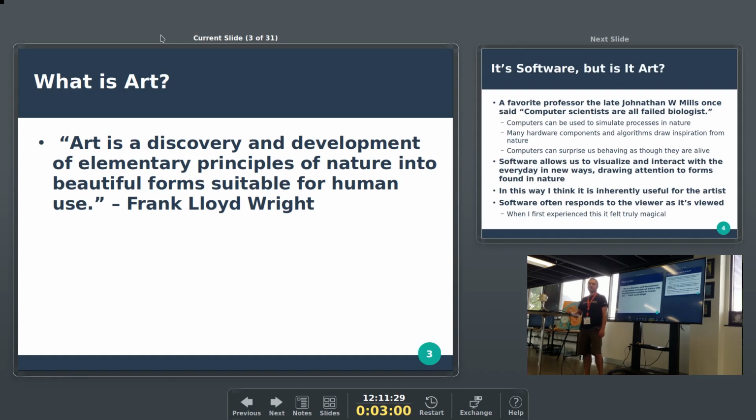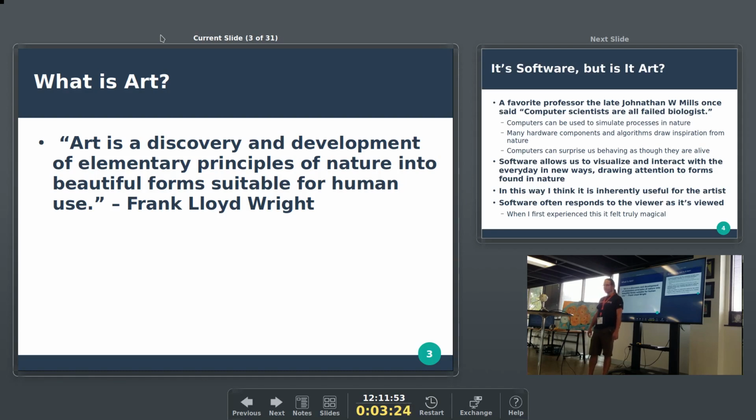So first off, what is art? That's a huge, loaded question that you can answer a lot of ways, but I like Frank Lloyd Wright's definition here. Art is a discovery and development of elementary principles of nature into beautiful forms suitable for human use. I don't think that's a perfect definition by any stretch.